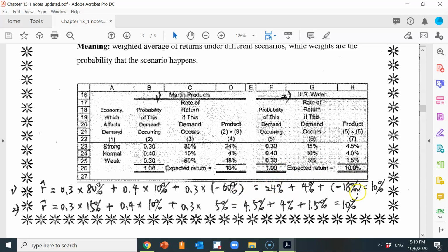Add up these numbers, we get 10%. And we do the same for the second firm. We also get 10% as the expected return, R hat, for US Water. Okay, so this is how you calculate expected return.